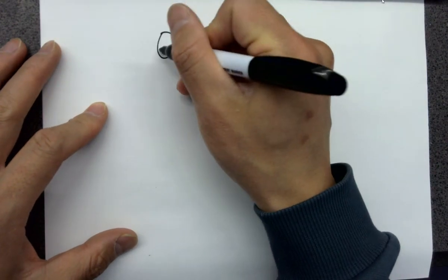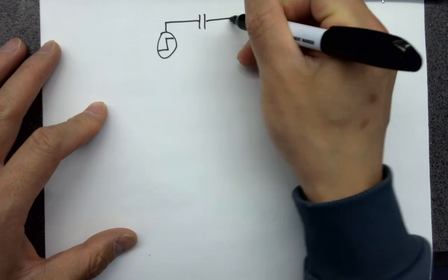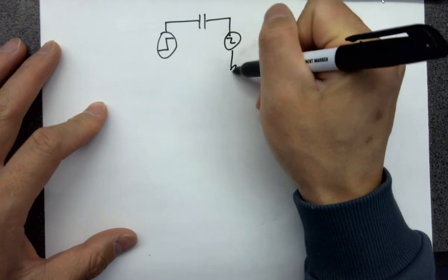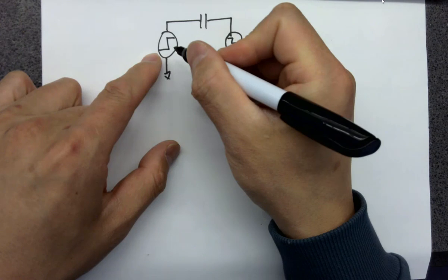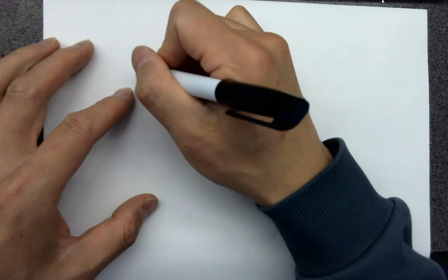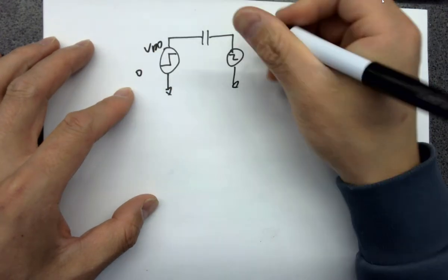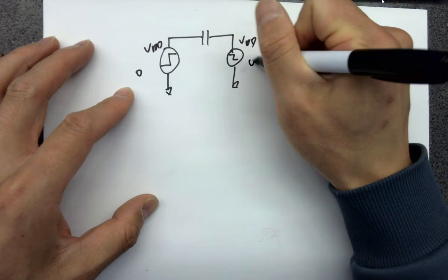So starting from one example. This one, the Miller effect, comes from this concept because it's pulling up the voltage on one side from 0 to VDD, and on the other side from VDD to 0 at the same time.